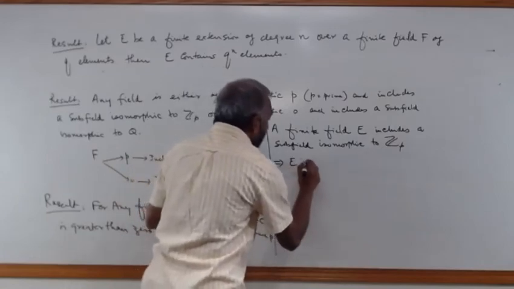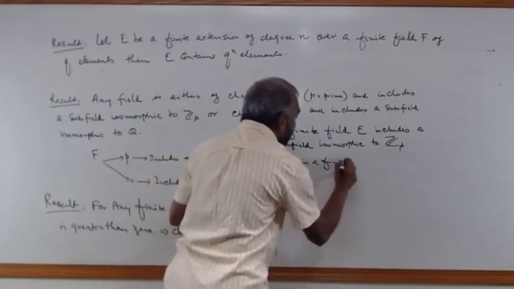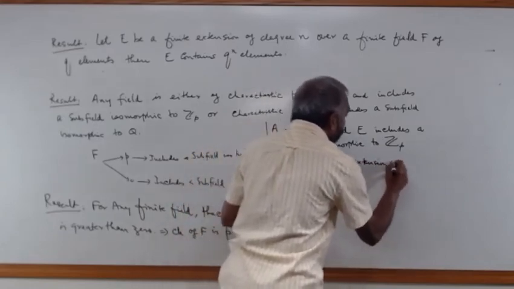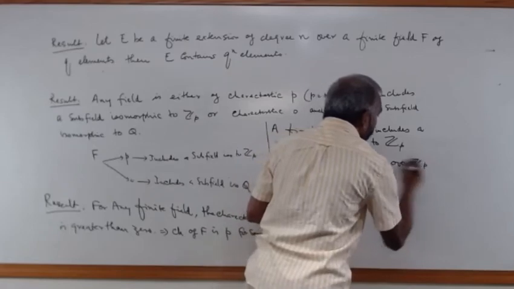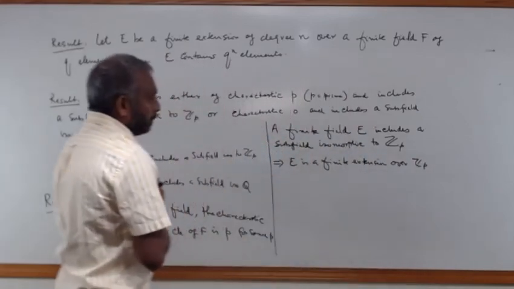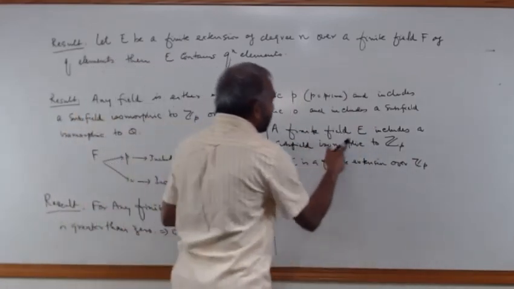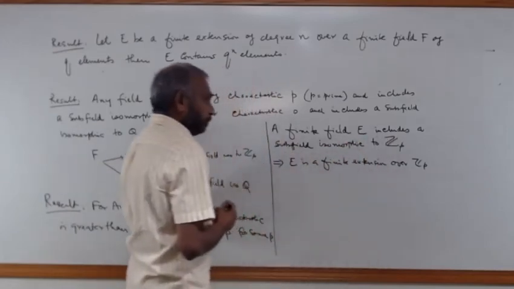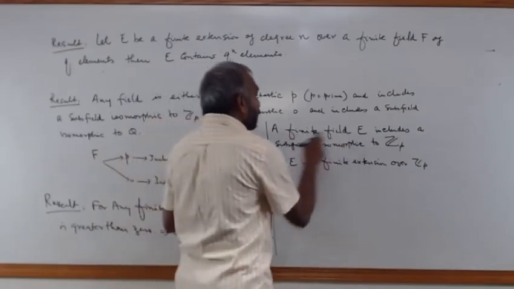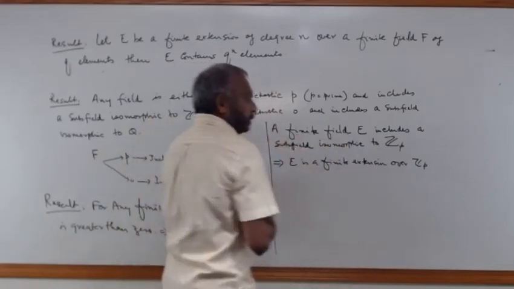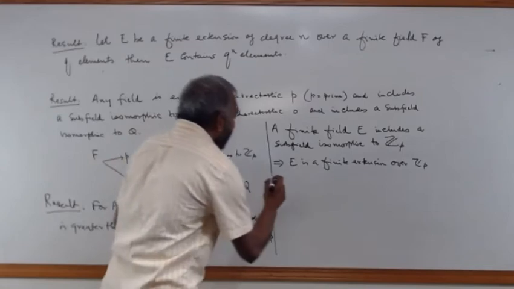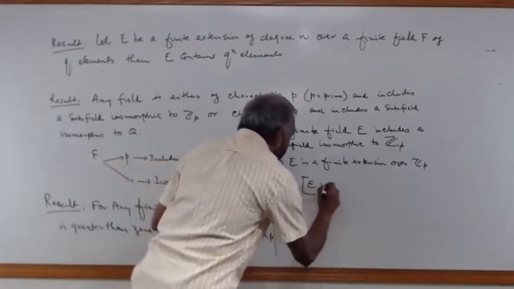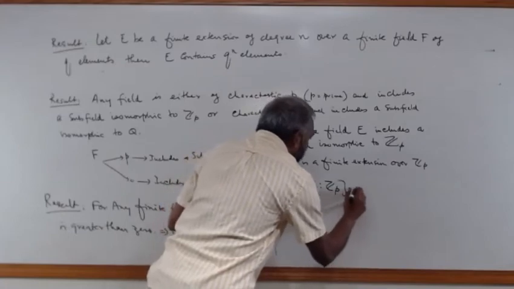This implies E is a finite extension over Zp, because this includes a subfield Zp, meaning E is an extension of Zp, and because E is finite, it has to be a finite extension. So let the degree of E over Zp be n.